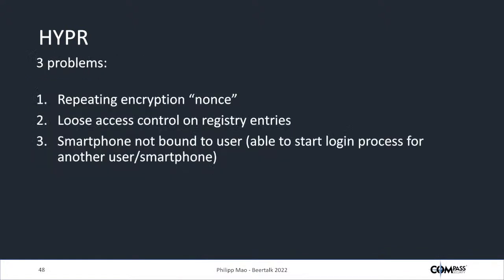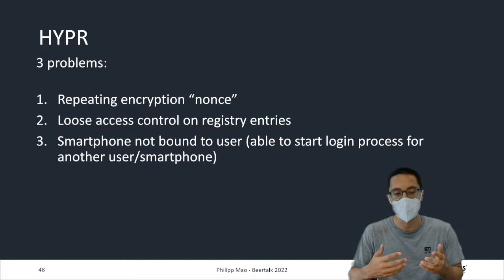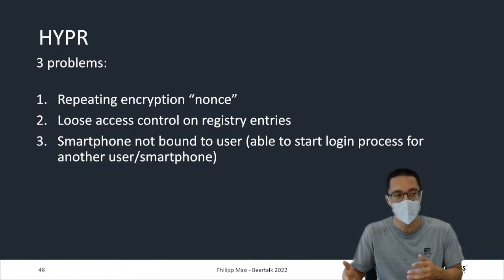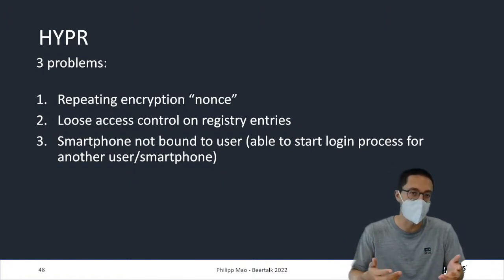So there's a few problems here. There's this repeating encryption nonce that's predictable and gets reused. This should really be a super random value that never gets repeated. This way it will not be possible to reuse a stolen encrypted login certificate. Of course, there's also the problem with the loose access control on the registry keys. This really shouldn't be the case.